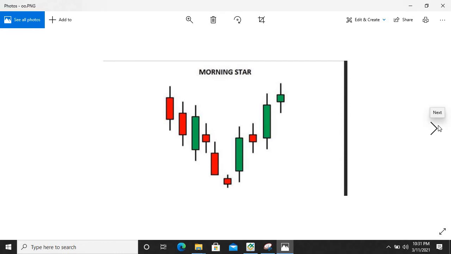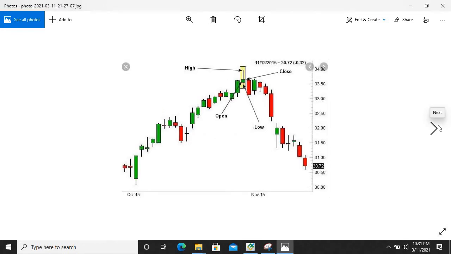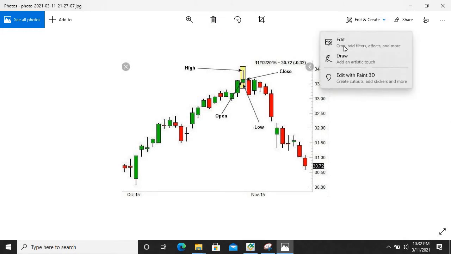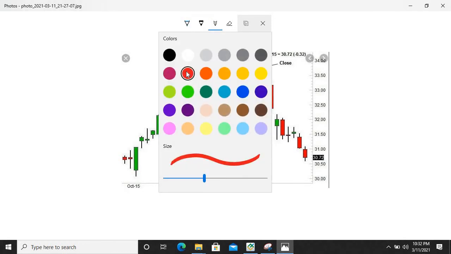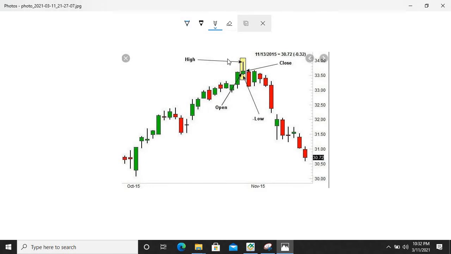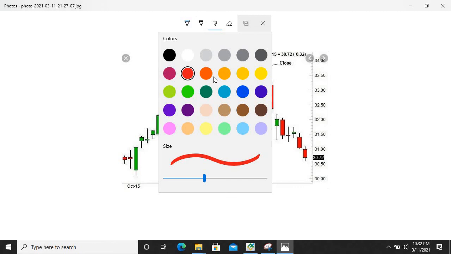Okay, you see this one? This one you call a shooting star doji. The moment you see this on an uptrend, you have to expect to sell.